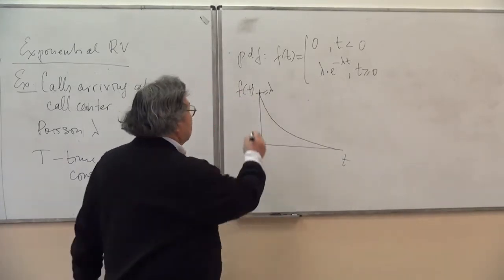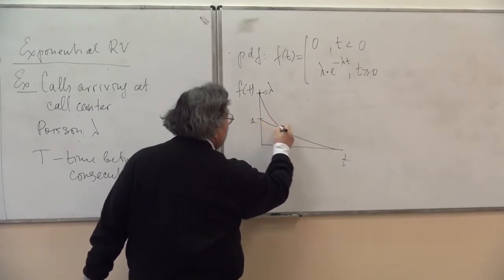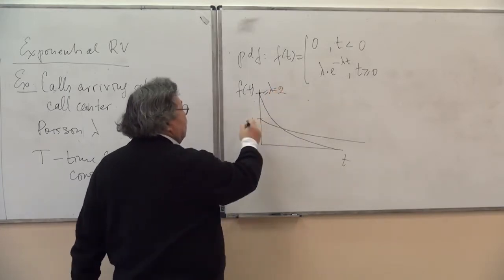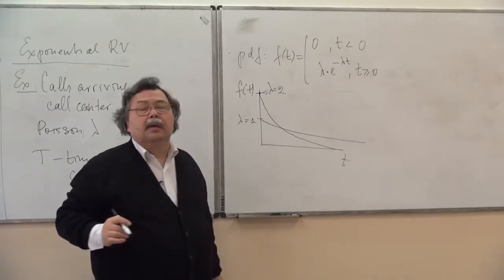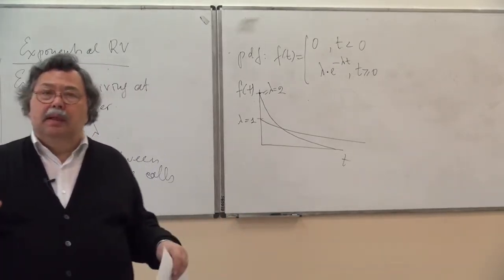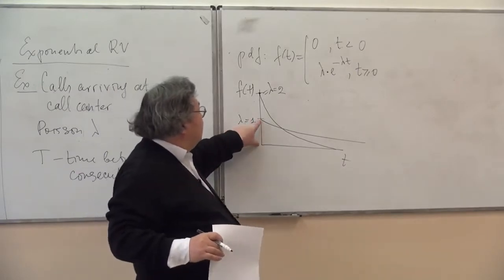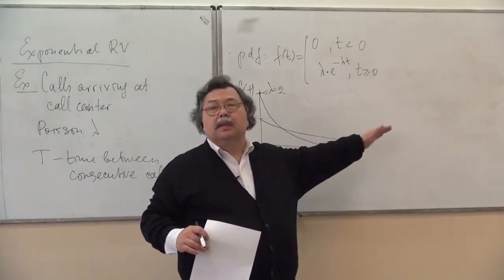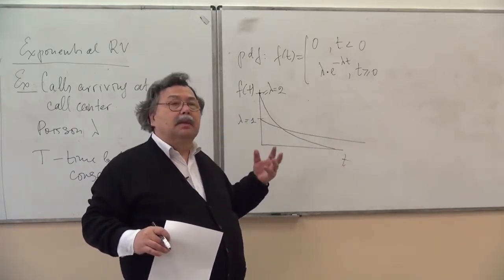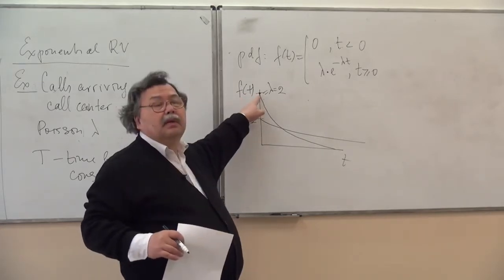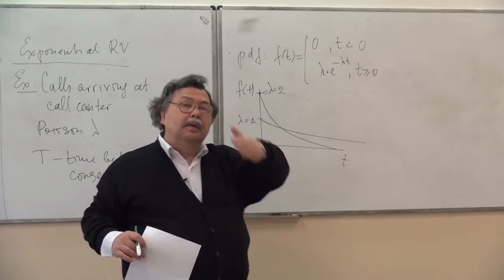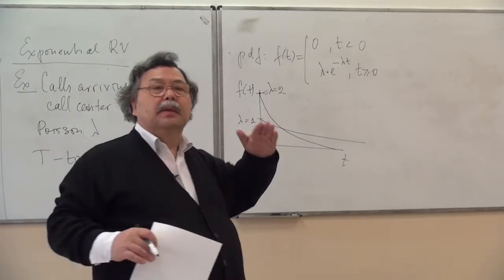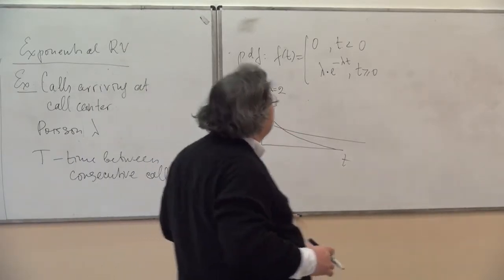For example, if it's 1, and suppose this is 2, for example, and lambda is 1 here. If lambda is a smaller number, then it starts at a smaller y coordinate, but it's more spread out. If lambda is a larger number, then the beginning value here is larger, but then the curve goes down and approaches the x-axis in a steeper way, more rapidly, like this.